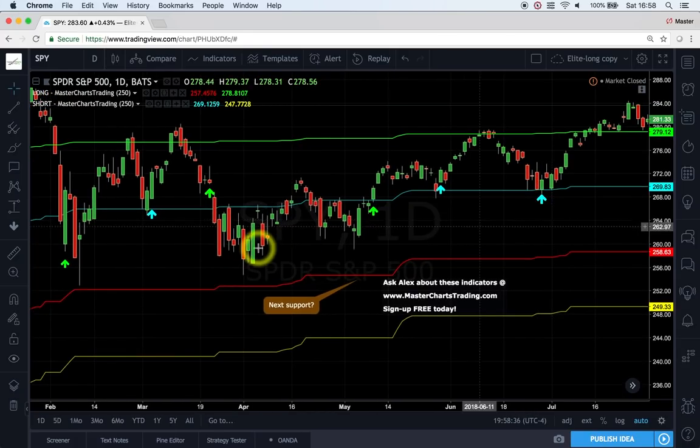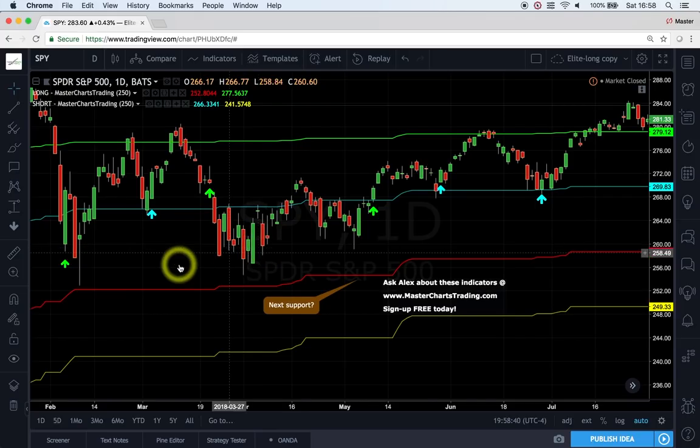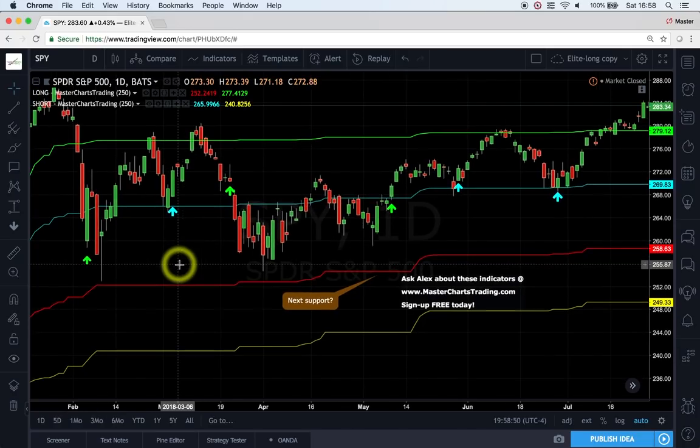Here is the takeaway that I'm looking at in this chart. So number one, how do we define a trend? And the way I define a trend is quite simple. I am looking at a close for stocks.